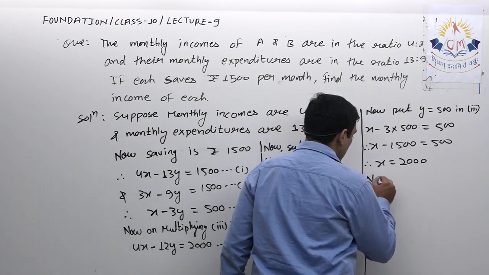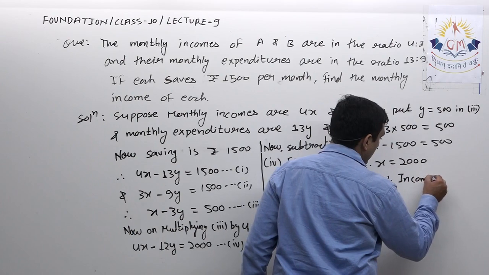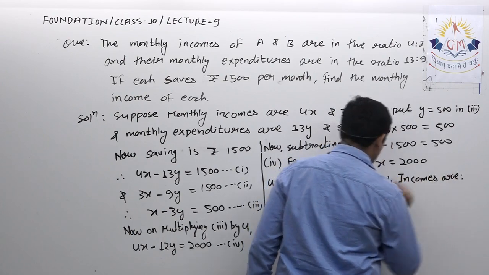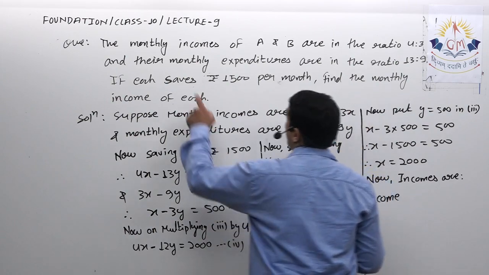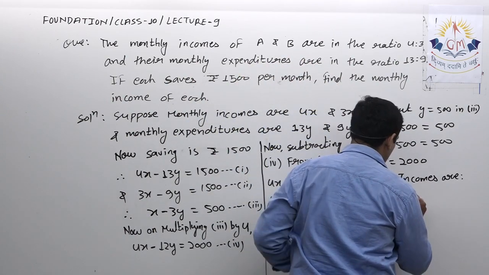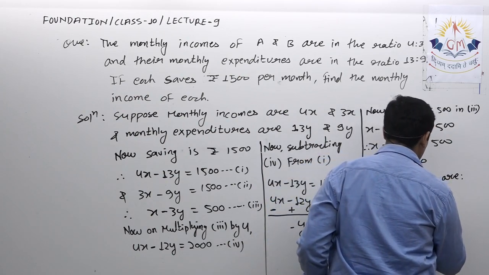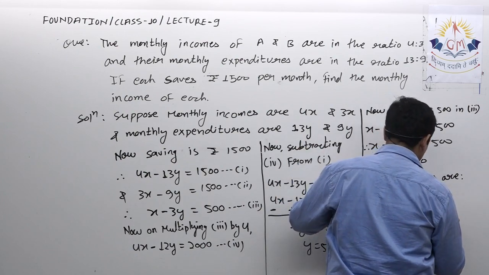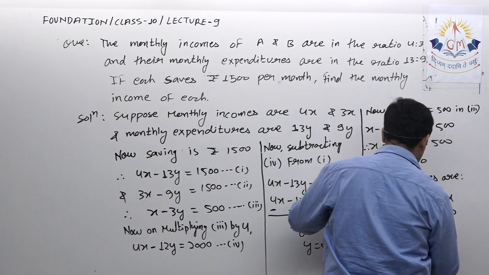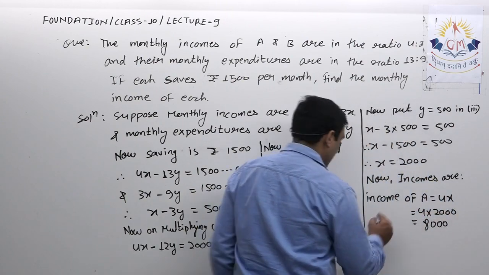Now the incomes: income of A, that is 4x. So 4 multiplied by 2000, that is 8,000.